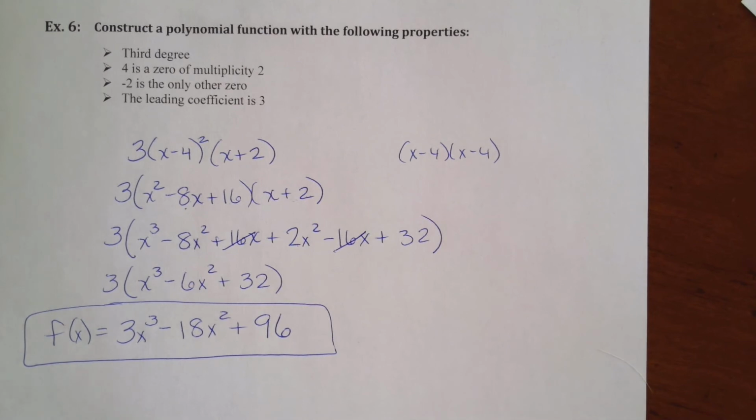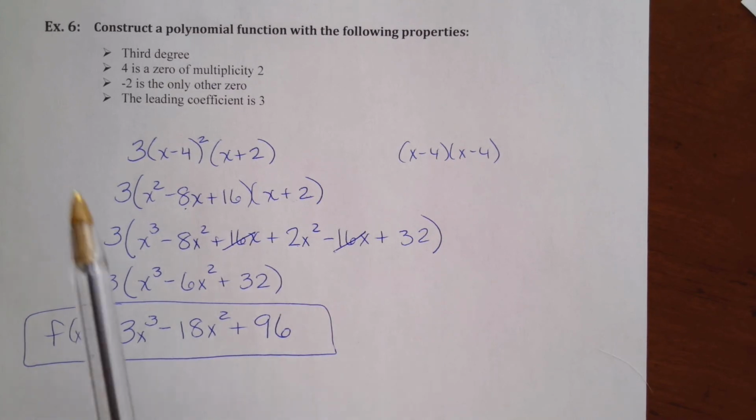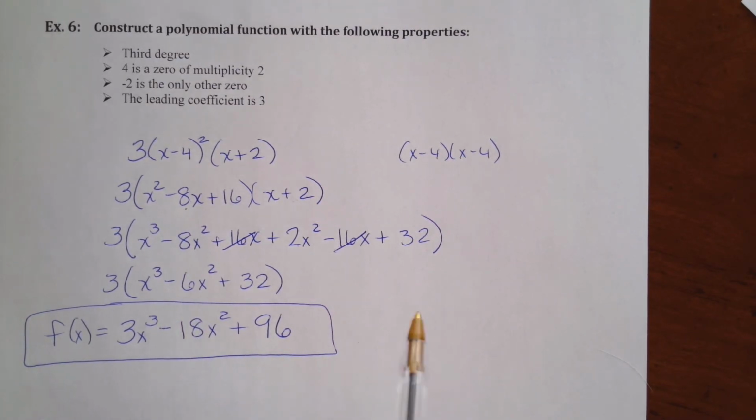And again, you could have multiplied the 3 here first and done 3x squared minus 24x plus 48. But see, then the numbers are starting to get too big, so I like to kind of just work with the smaller numbers first as I can. But you would have got the same thing if you did it that way. Okay? So that's just my choice in doing it that way to kind of make it easier on me.